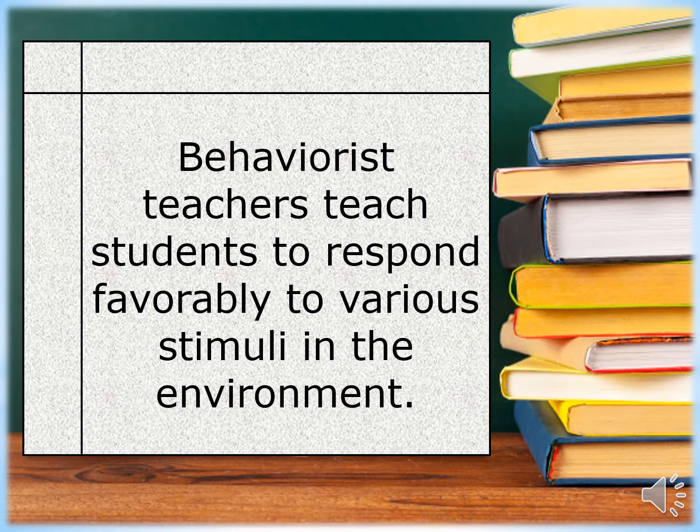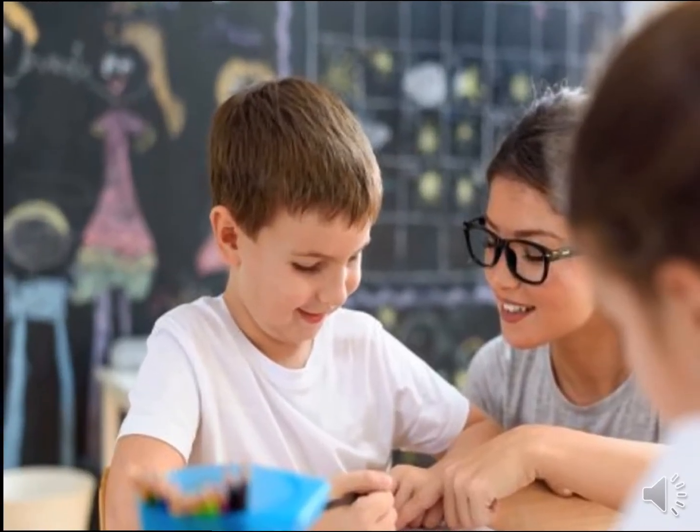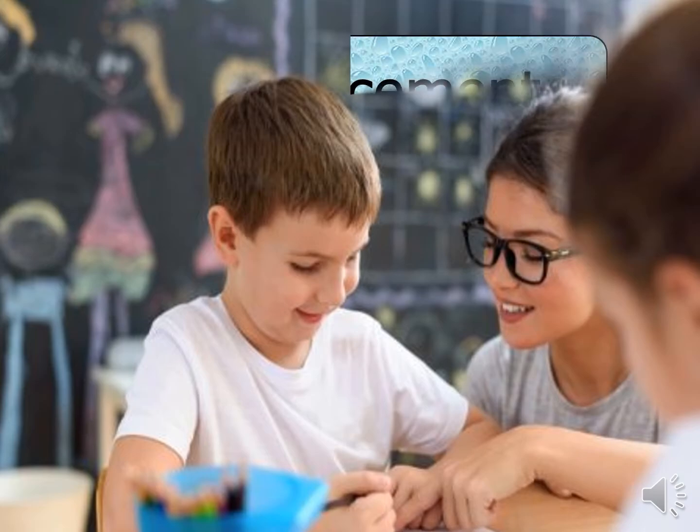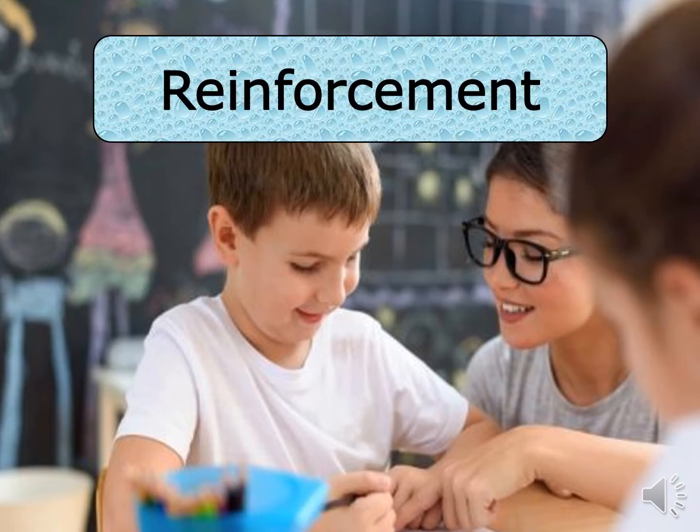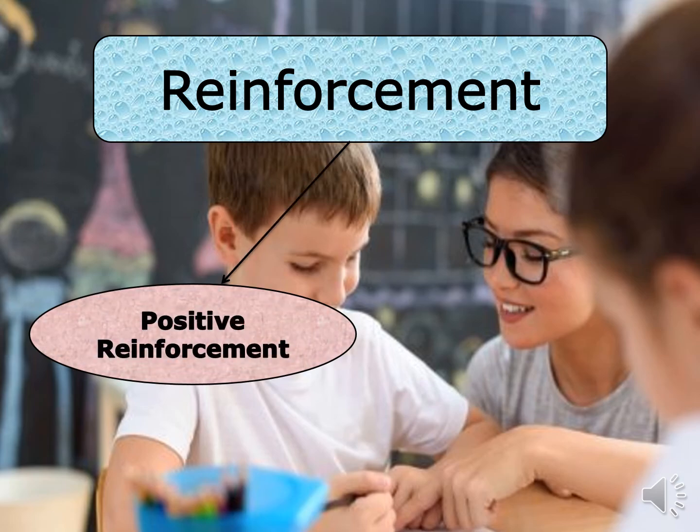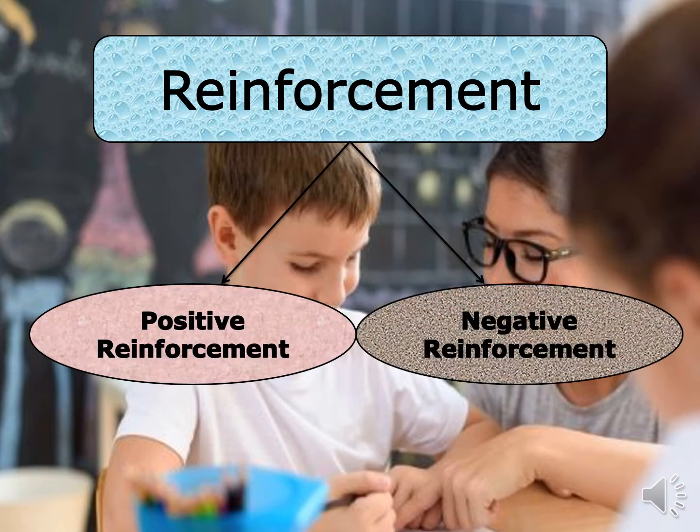Like the operant conditioning of B.F. Skinner, which is a type of conditioning where humans or animals learn a behavior by associating it with its consequences. So here are the various types of reinforcement. We have positive reinforcement and negative reinforcement.